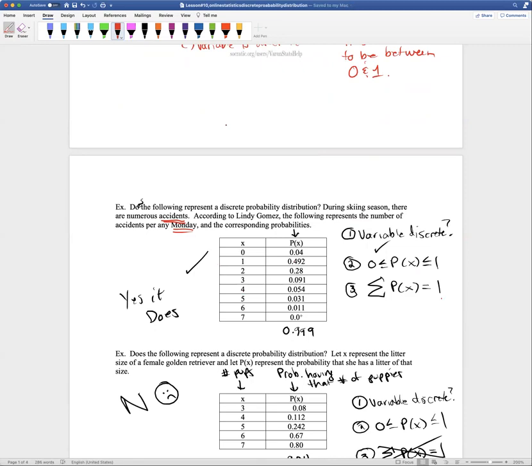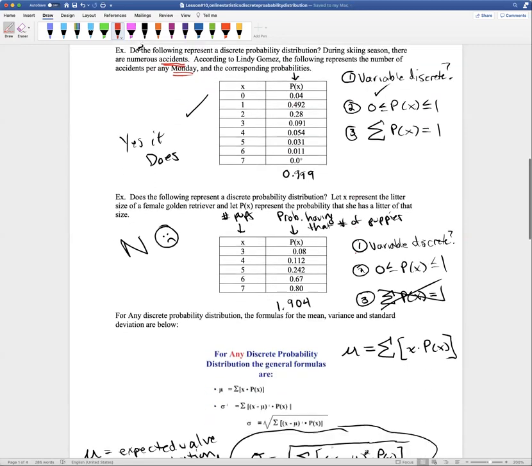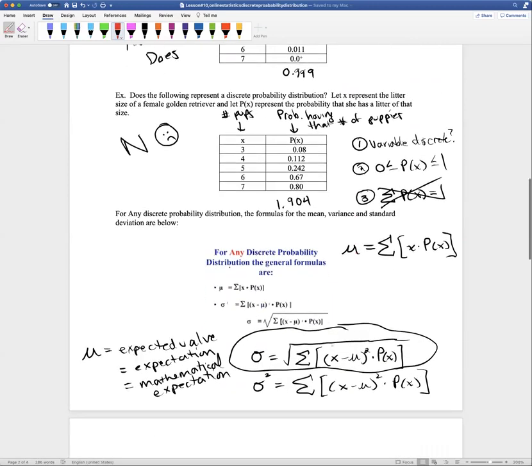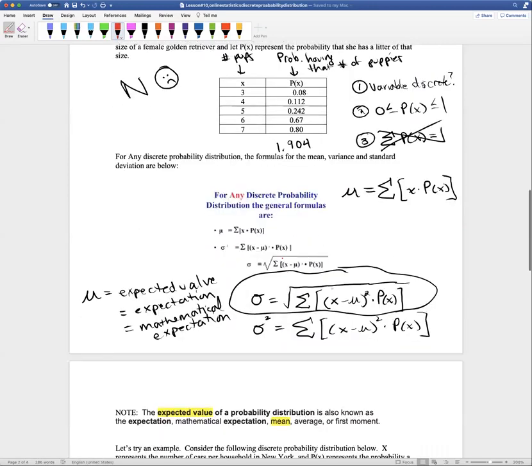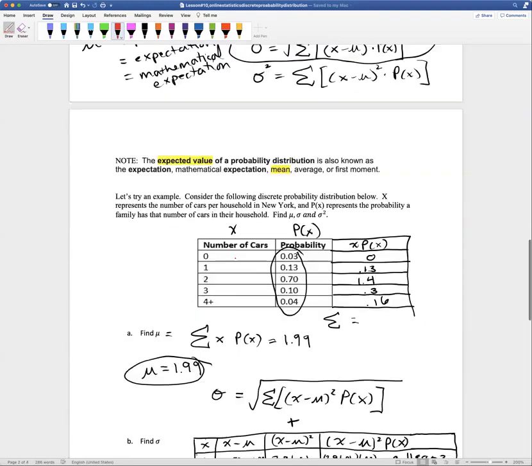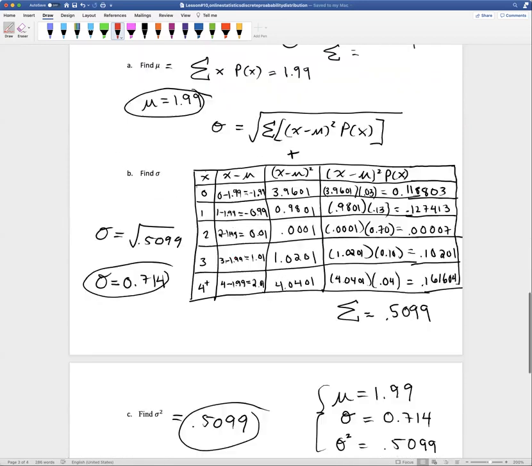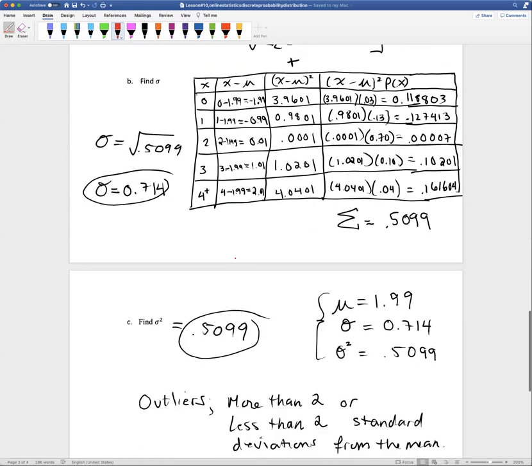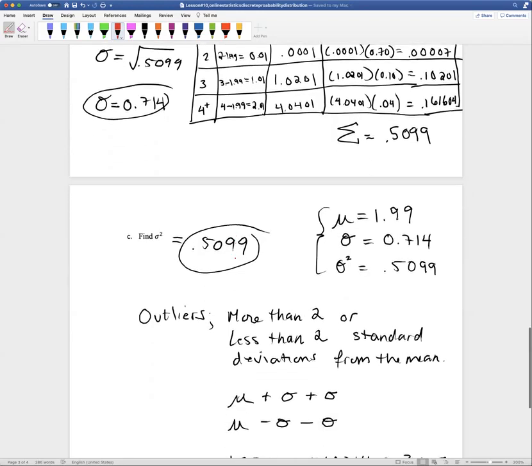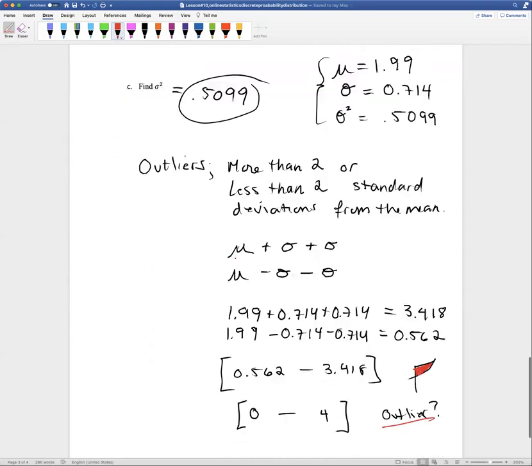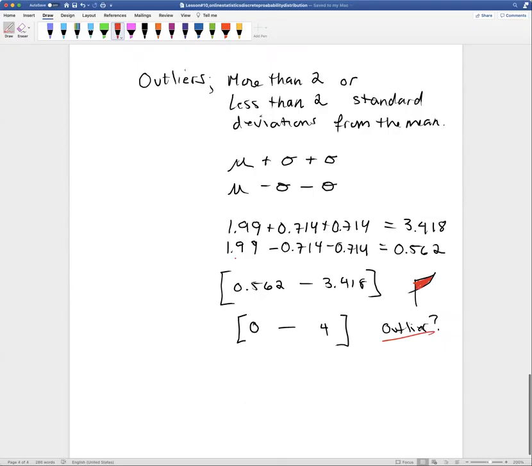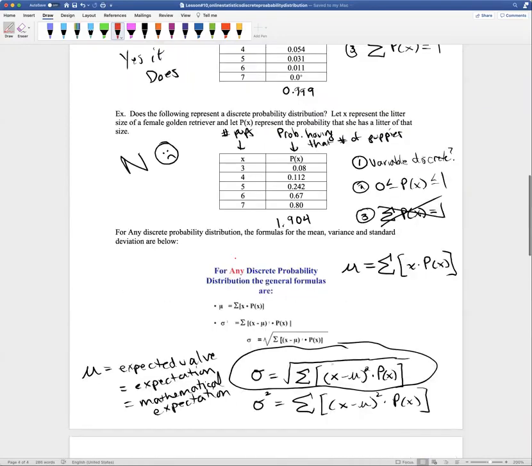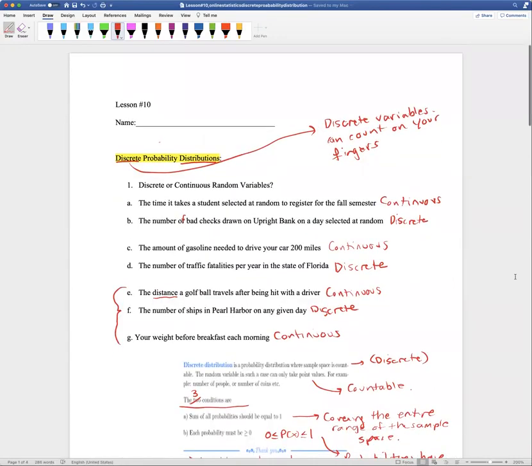And then we talked about how to find the mean, the standard deviation, and the variance of a discrete probability distribution. And then we talked about why standard deviation is important, and how we can use it to help us find outliers. So that is it for discrete probability distributions, and I will see you next class.